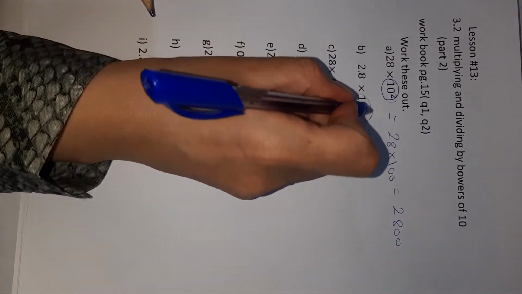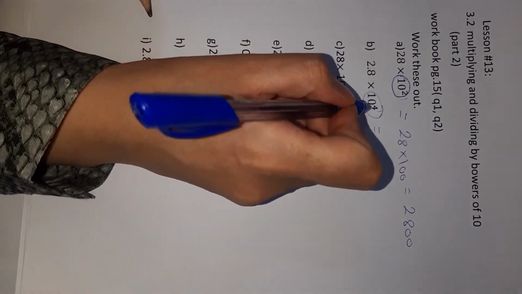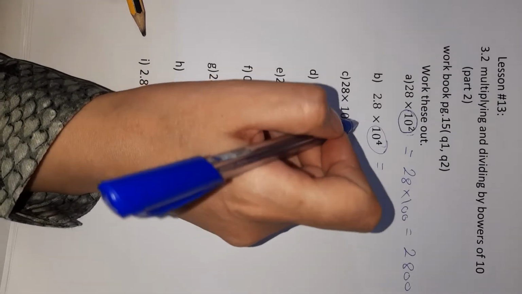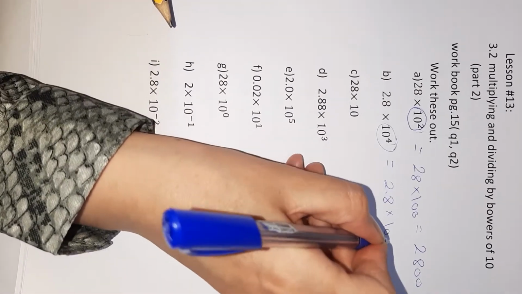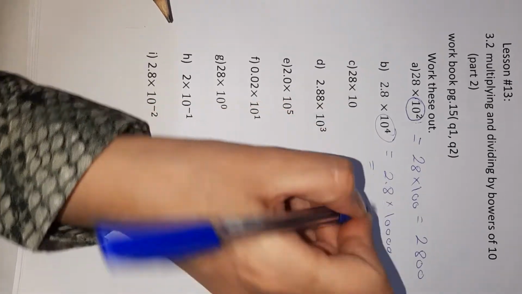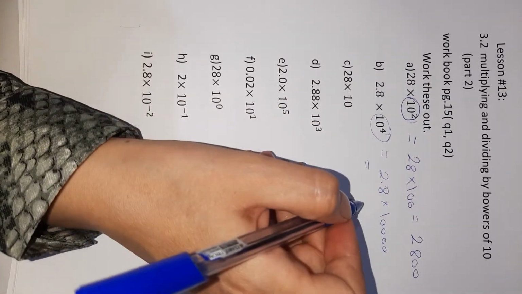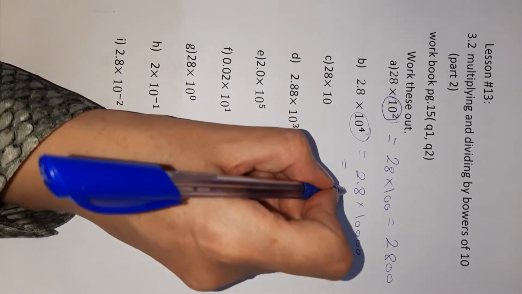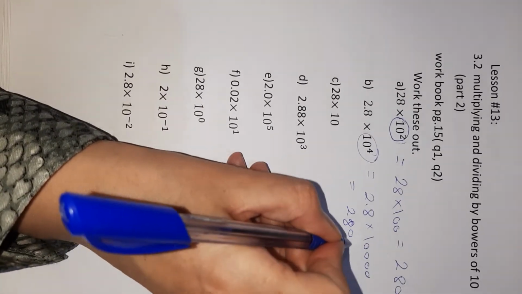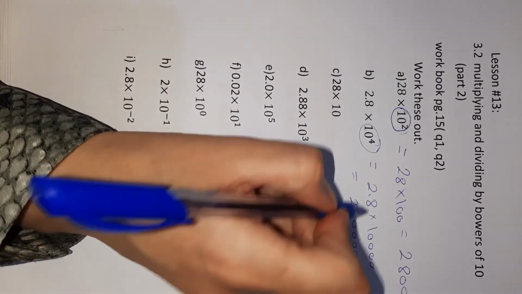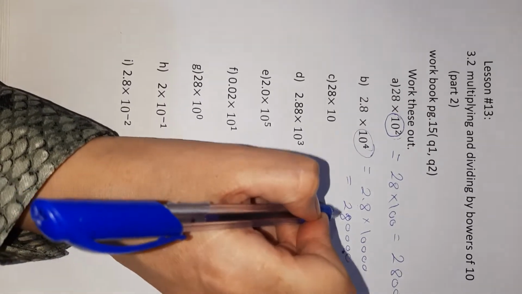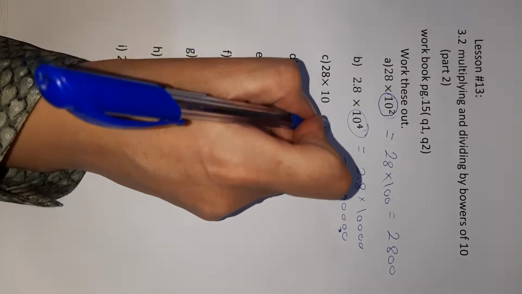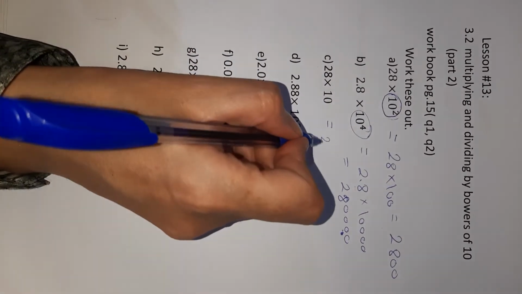Here replace 10 to the power of 4 by 10,000, 1 and 4 zeros, 2.8 times 10,000. Multiply without a decimal point, 28 times 10,000. 1 decimal place, so here put the point here. So the solution is 28,000. It's easy. 28 times 10, 280.